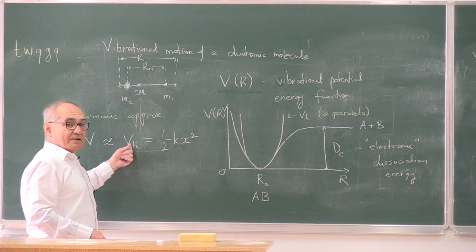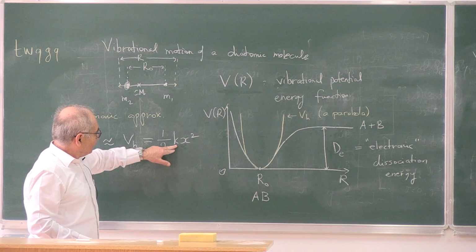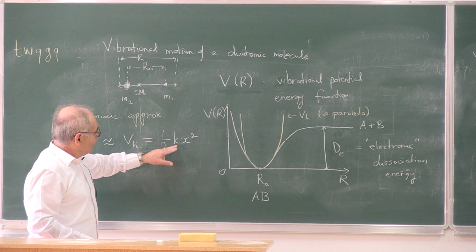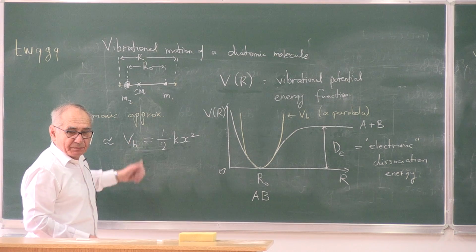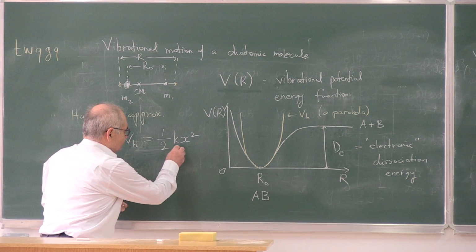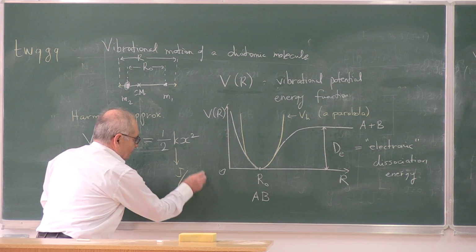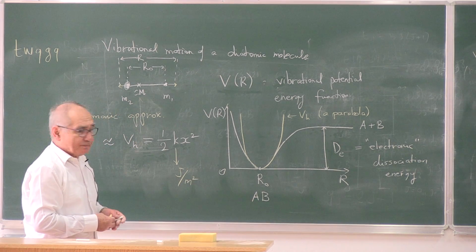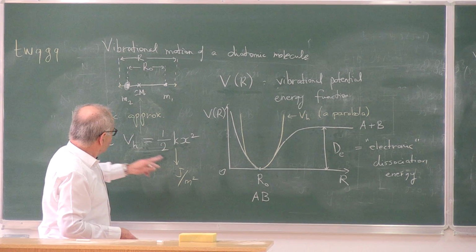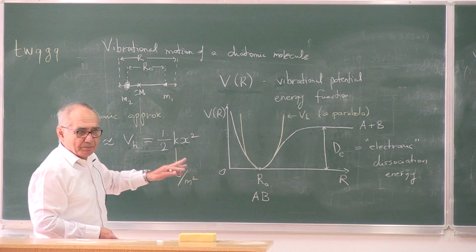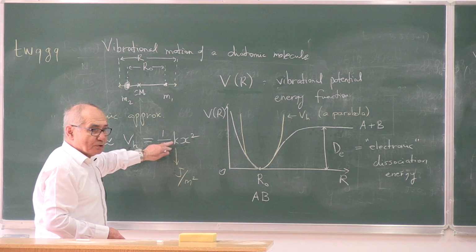The left side is energy, joule, which means unit of k must be such that when you multiply unit of k with meter square, you must obtain joule. What does it mean? Joule per meter square. Meter square times this unit will produce joule. This is the SI unit for the force constant.